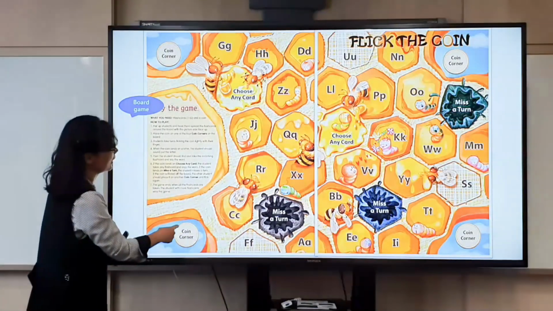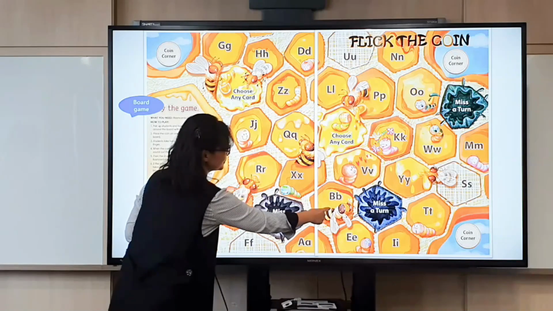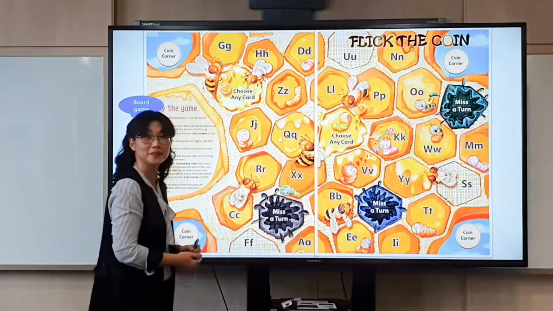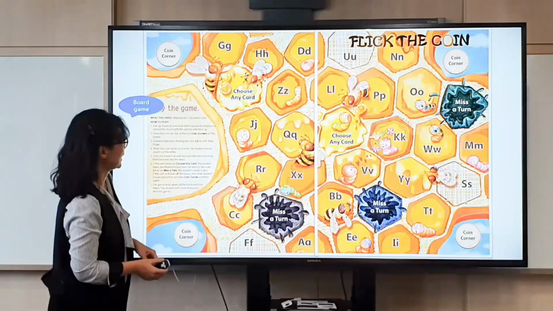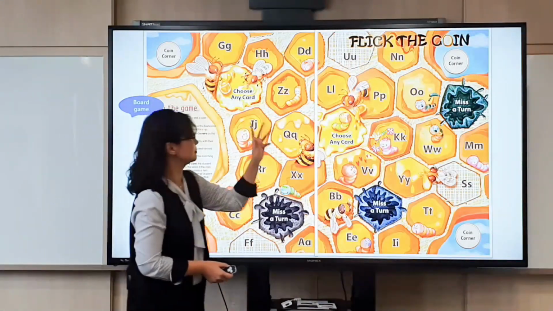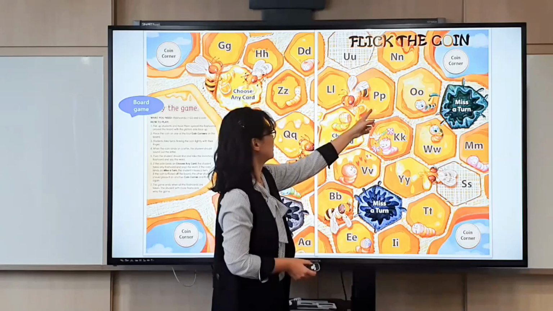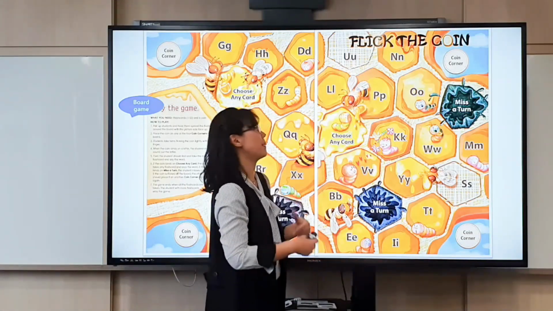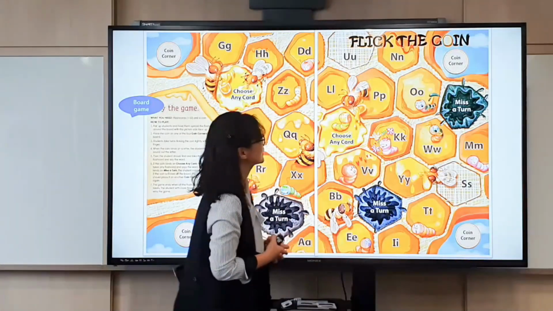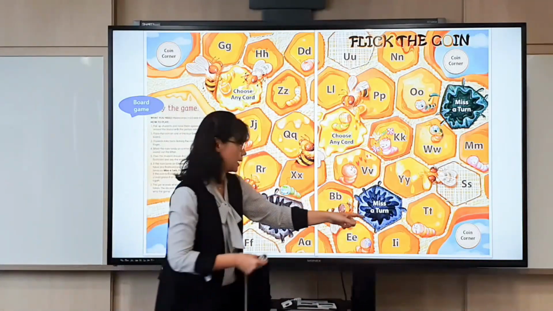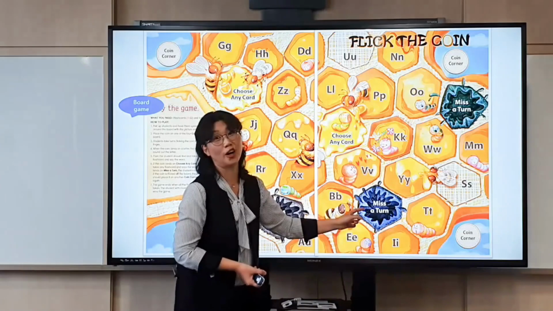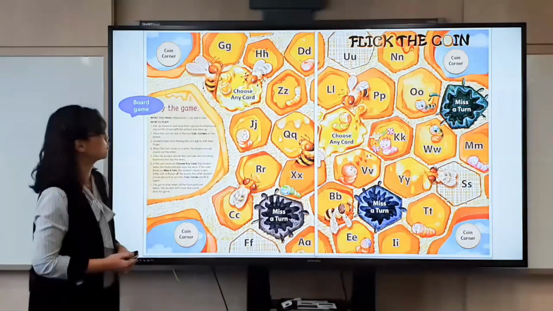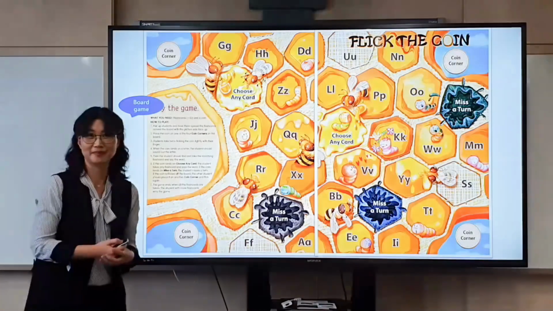If the coin lands here, they'll have to say B. And if the coin lands there, they have to say P, and then panda maybe. And if the coin lands here, you miss a turn. So you can play board games with your students. It's a very good review, and it's fun.